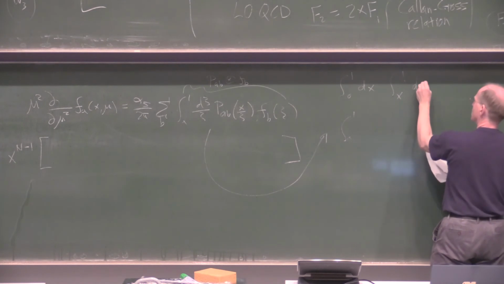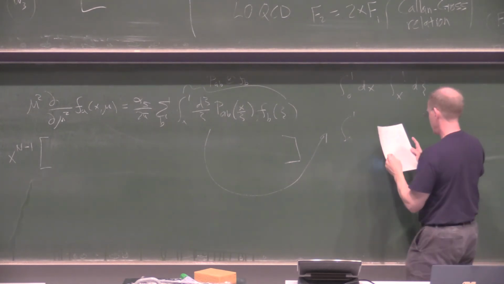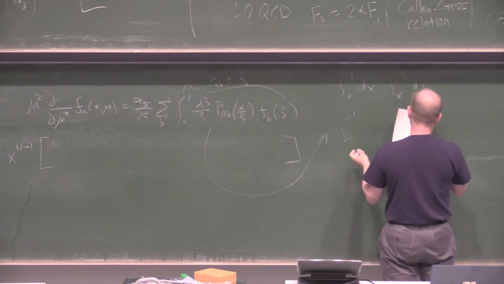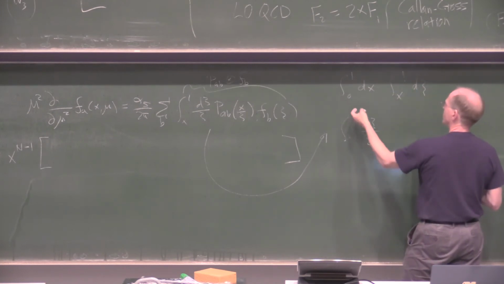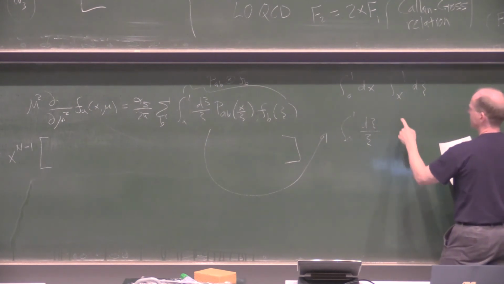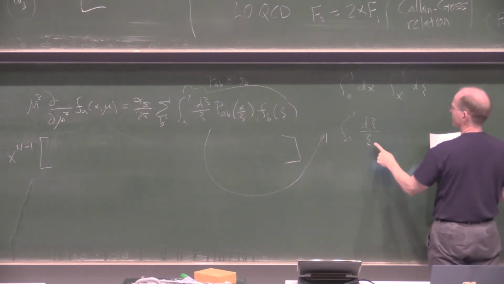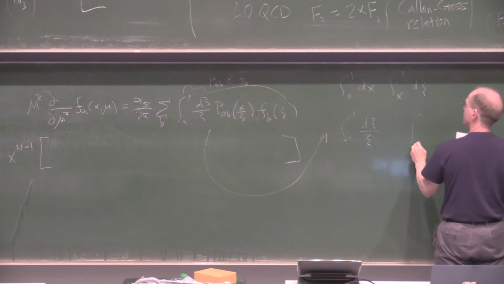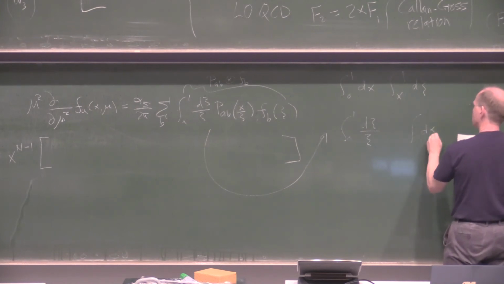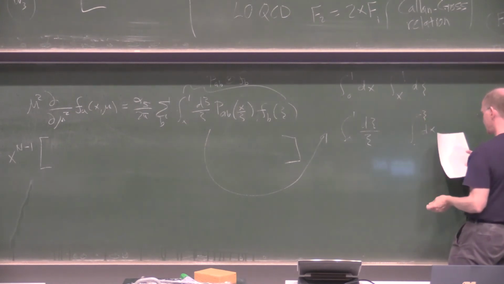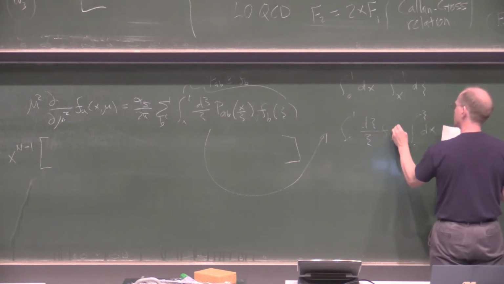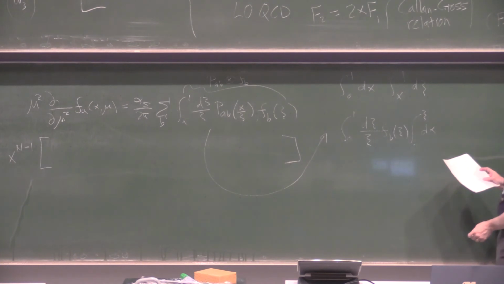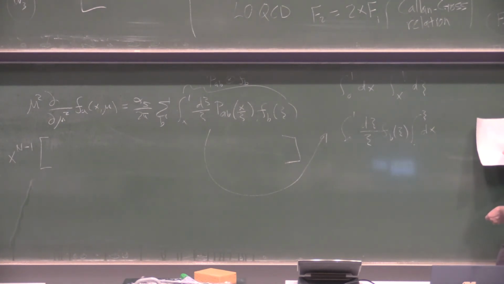dxi. So we're going to change variables and rewrite it by moving the integral over x inside. Then the integral over xi goes from 0 to 1, and the integral over x goes from 0 up to xi. And then we can pull fb out front because it doesn't depend on x, it only depends on xi.